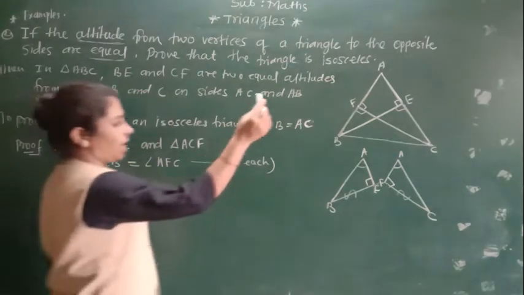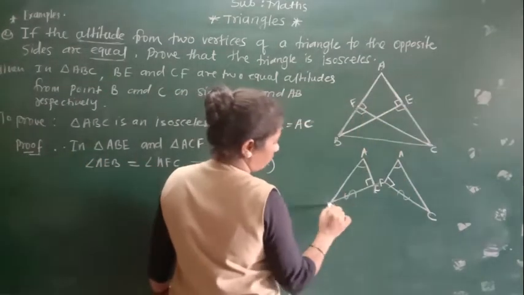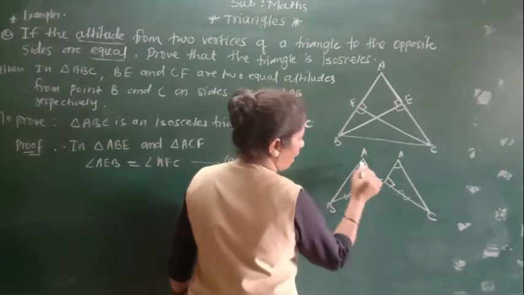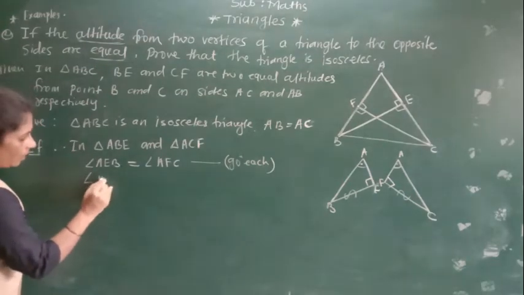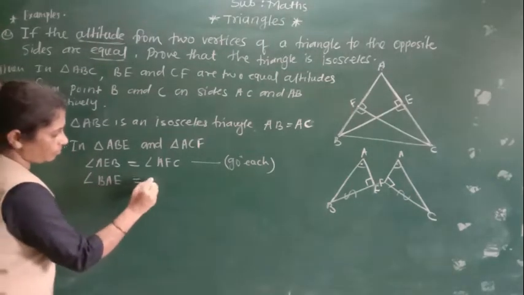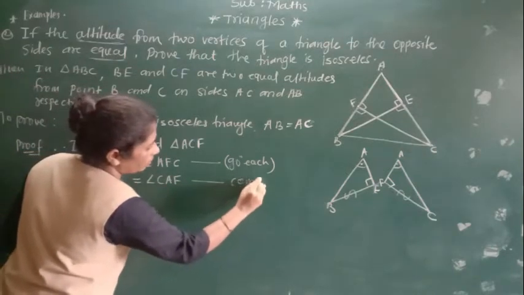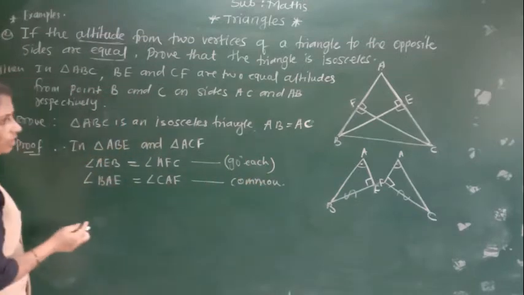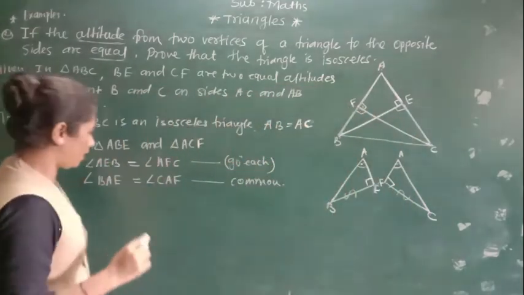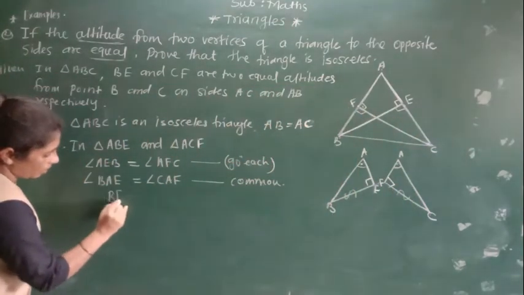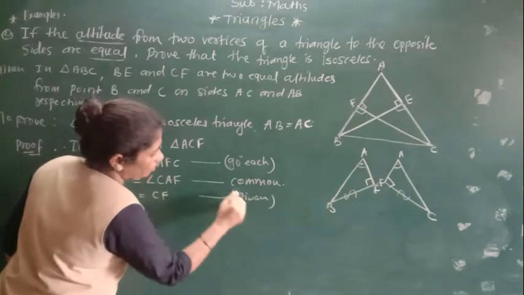Then which angle? Angle BAE equals angle CAF, because A is common for both, right? So angle BAE equals angle CAF. It is common. And next, what is here? BE equals CF, right? It is given that BE equals CF, which is given for us.